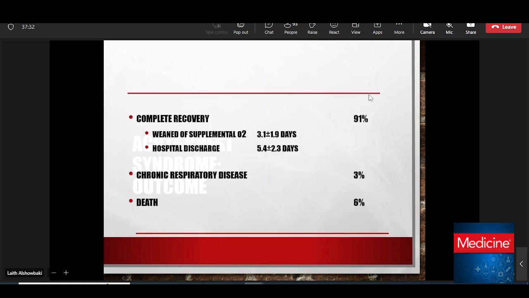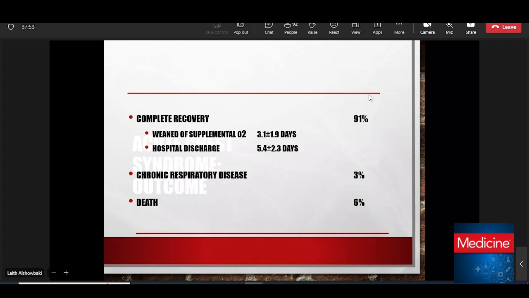So, what are the sequelae of acute chest syndrome? Provided that the patient received the appropriate treatment, 90% recover, 3% go into permanent disability with permanent problems in their respiratory system.